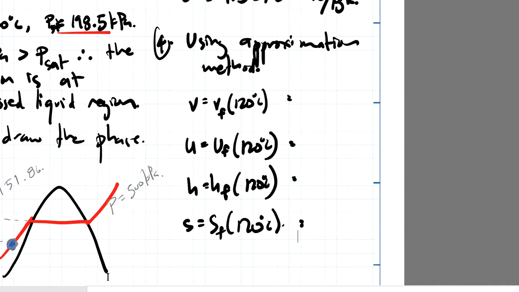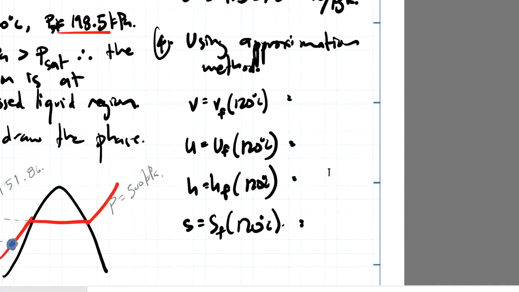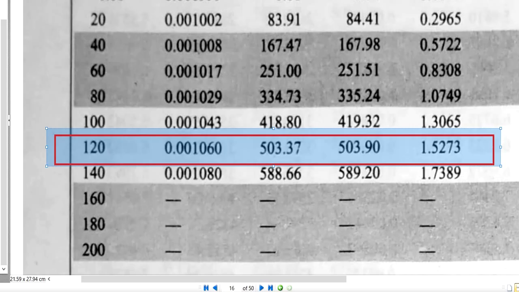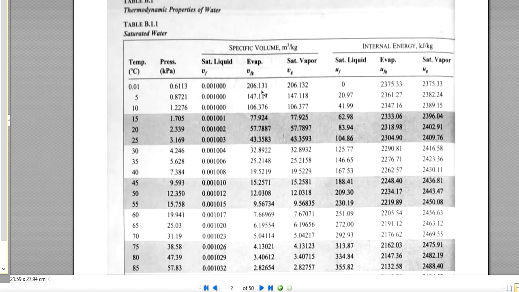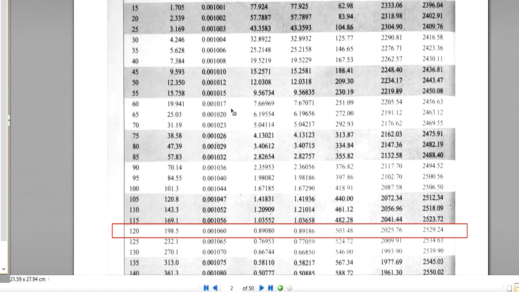Okay, so let's go back to our table. I think we'll use table B.1.1. So at 120, what's this value? It's the value of VF. So here it is.